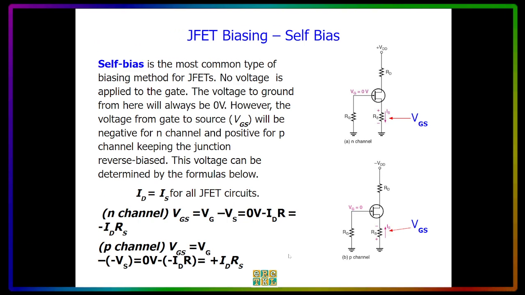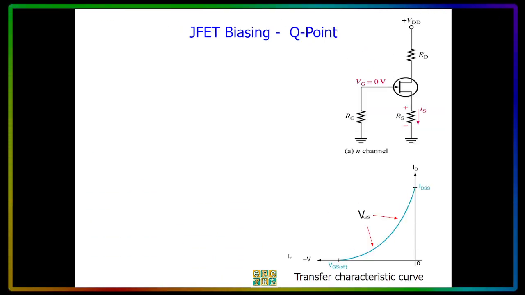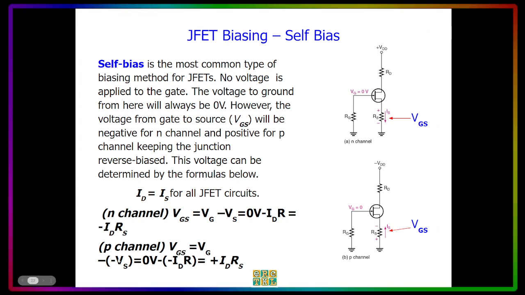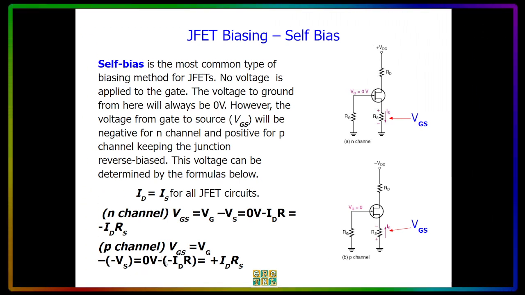And for P channel, the VGS will be equal to VG minus the negative of VS, or 0 volt minus minus, which will become plus. So positive. So 0 minus minus 0 will be 0, and minus minus will become plus. So it will be plus ID RS.